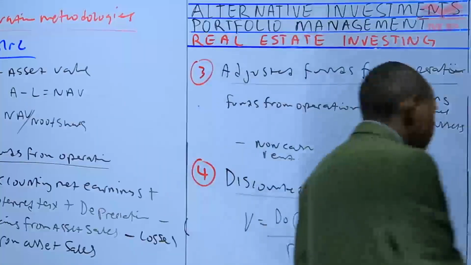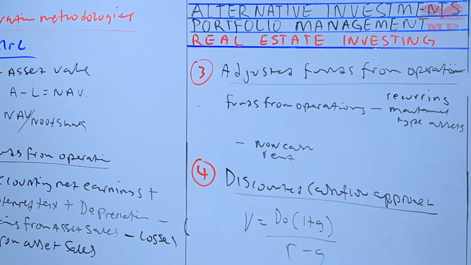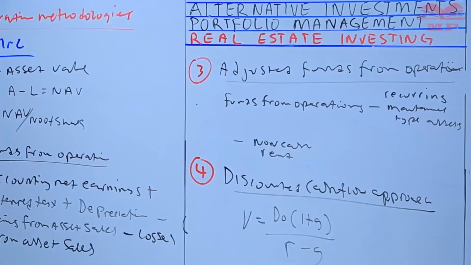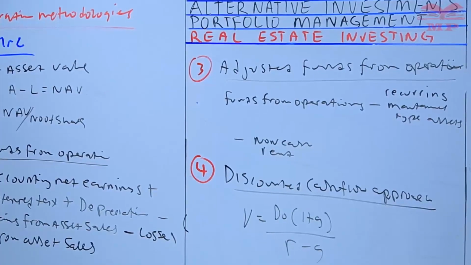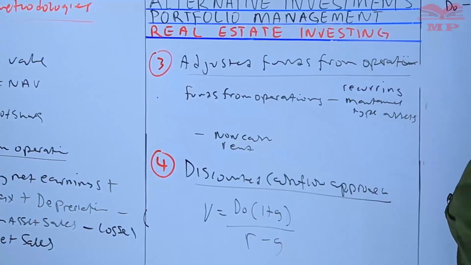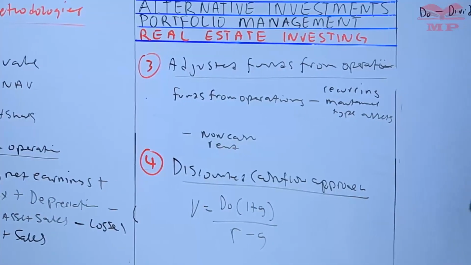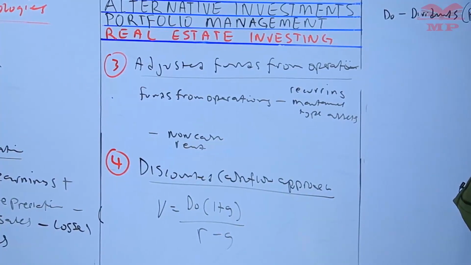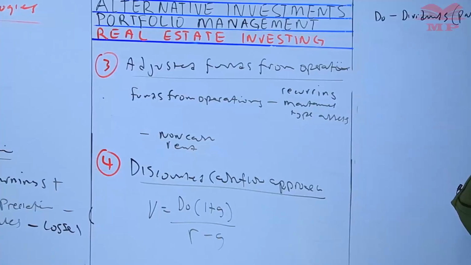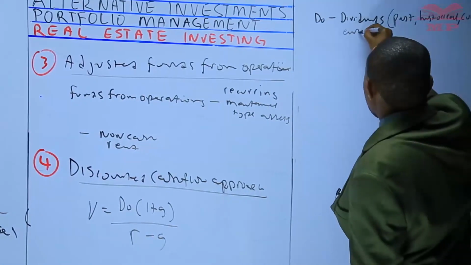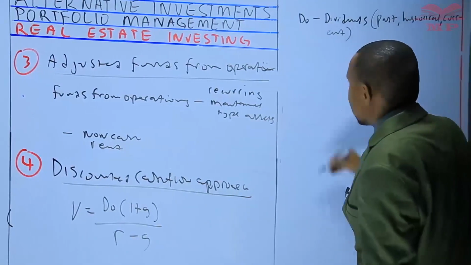So let me explain it. D naught is the dividends, past, historical, current dividends.